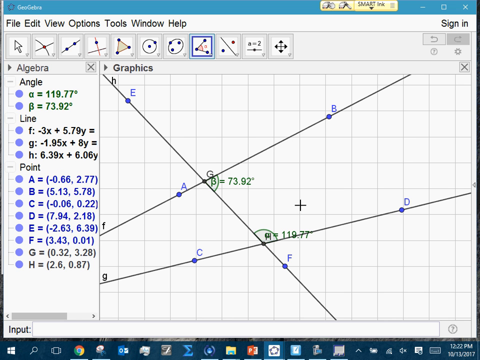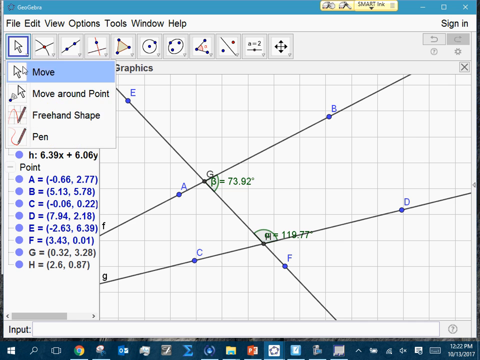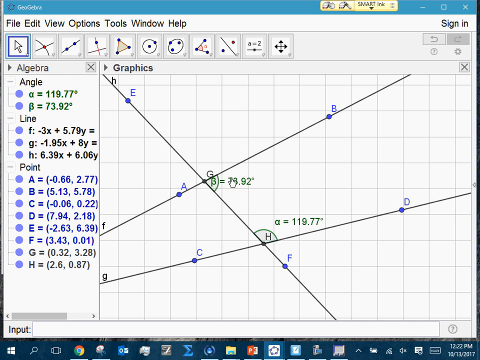There we go. Would you agree that those two angles are same side interior angles? Yeah.